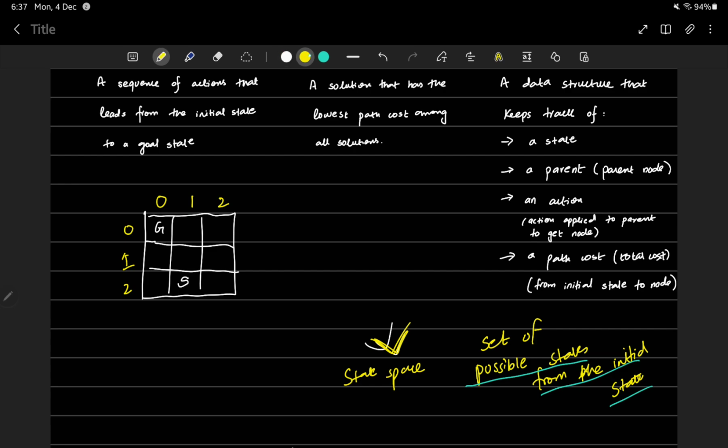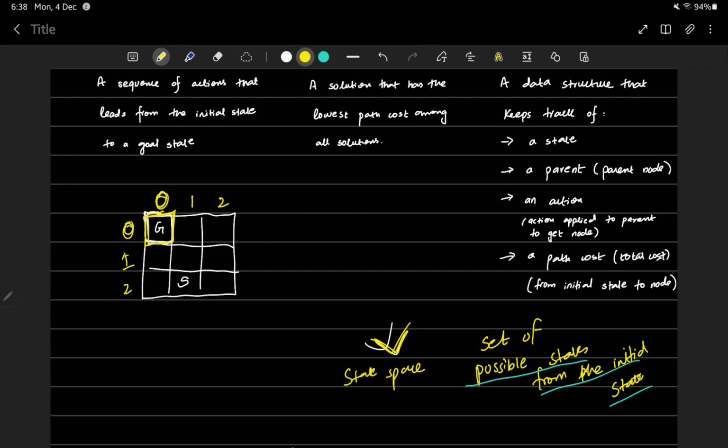So if I ask you, where is the goal state, or how do I know this is the goal state, what is the condition that it is matching? It's super simple. If it is on the 0 by 0 coordinates, which means if it is in this state which is on 0 and 0, where the xy is 0, then it is a goal state.